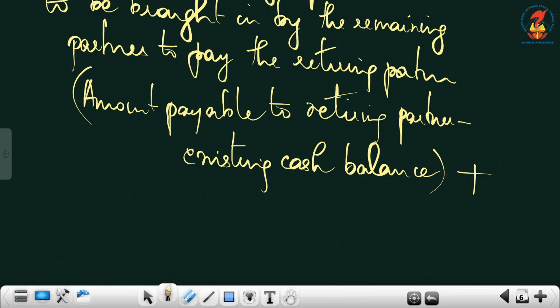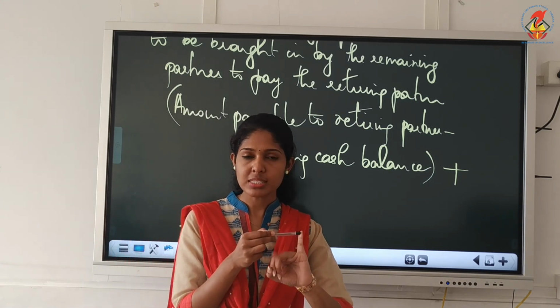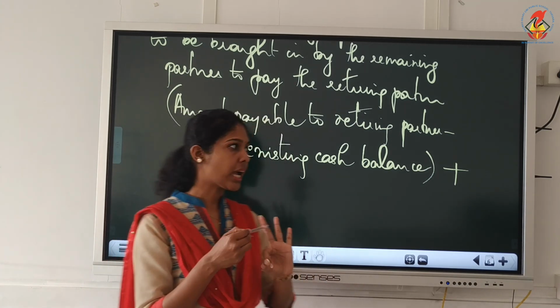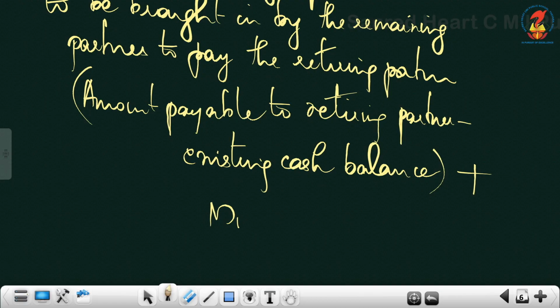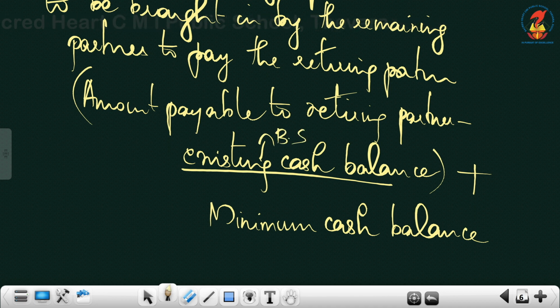Then plus, what all items are we adding? Total of adjusted capitals, shortage of cash. The third item we have to add here is the minimum cash balance required. That's the extra sentence we added. Existing cash balance is the one given inside the balance sheet.